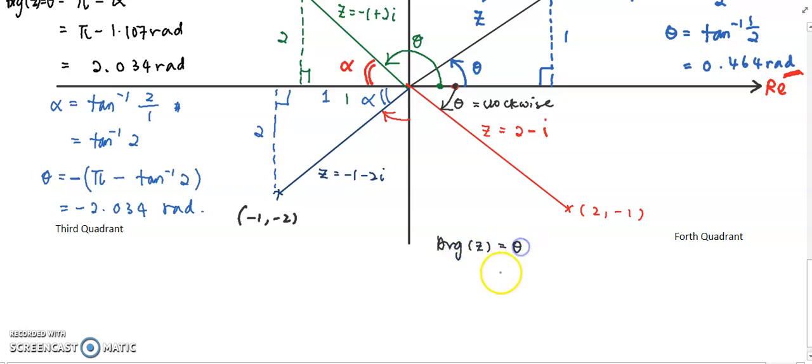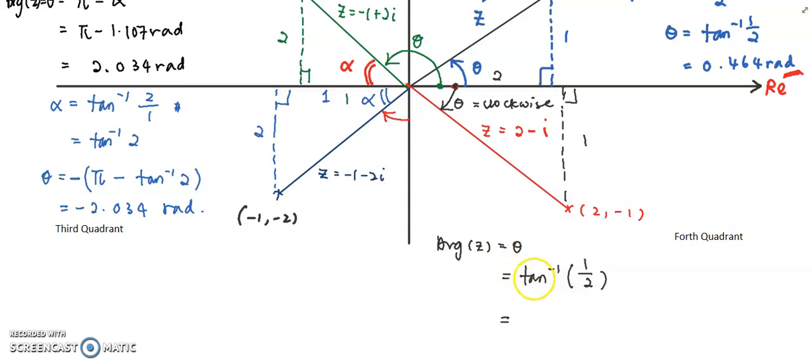We can see this as our right angle triangle, where the height of the triangle is 1 unit and the base of the triangle is 2. So theta is arctangent, opposite over adjacent, that is 1 over 2.